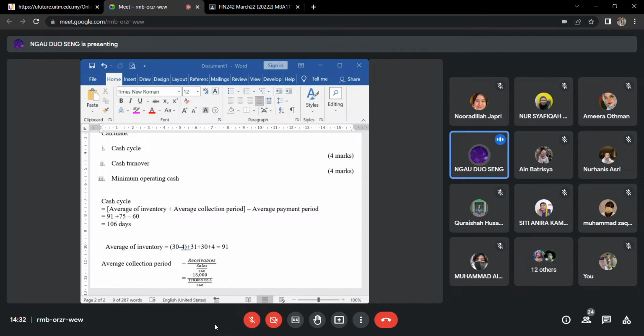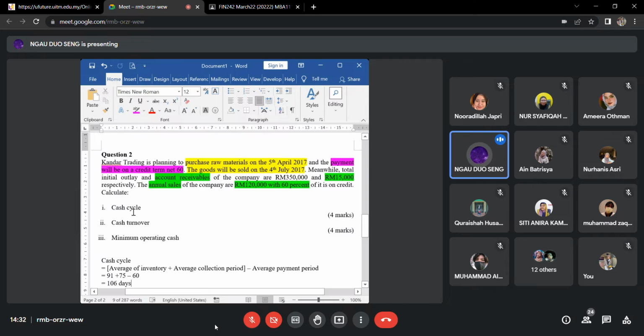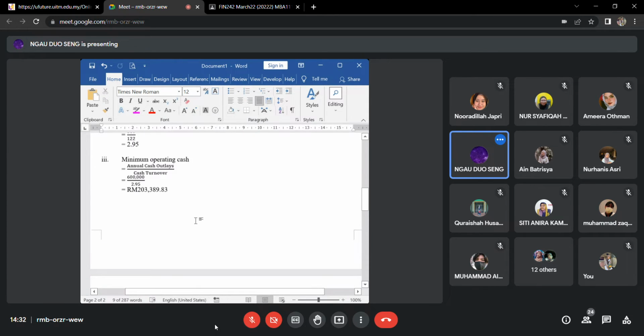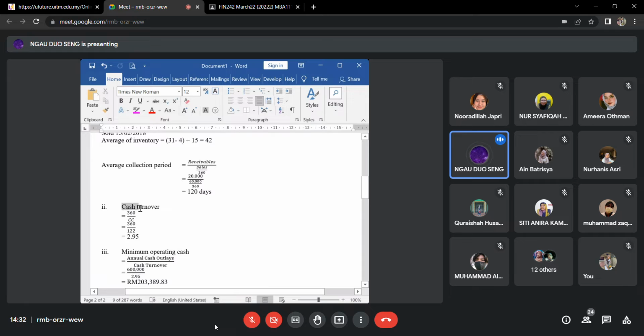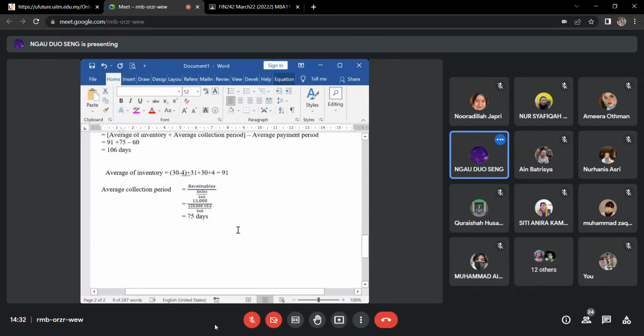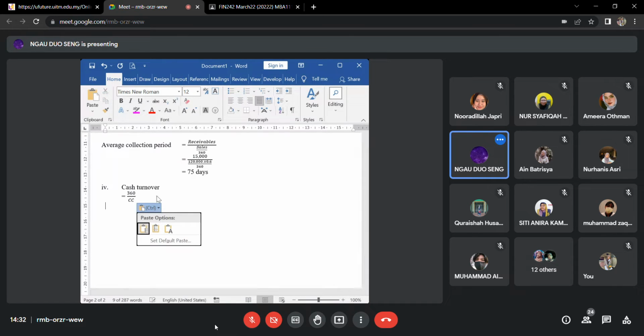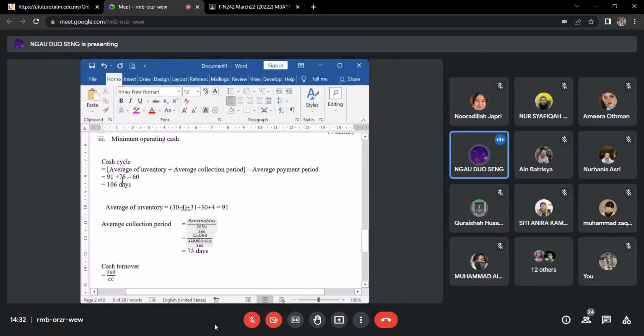Then we go to number 2, which is cash turnover. So for the cash turnover formula, we just copy. Cash turnover is 360 divided by the cash cycle. The cash cycle we have equal to 106.